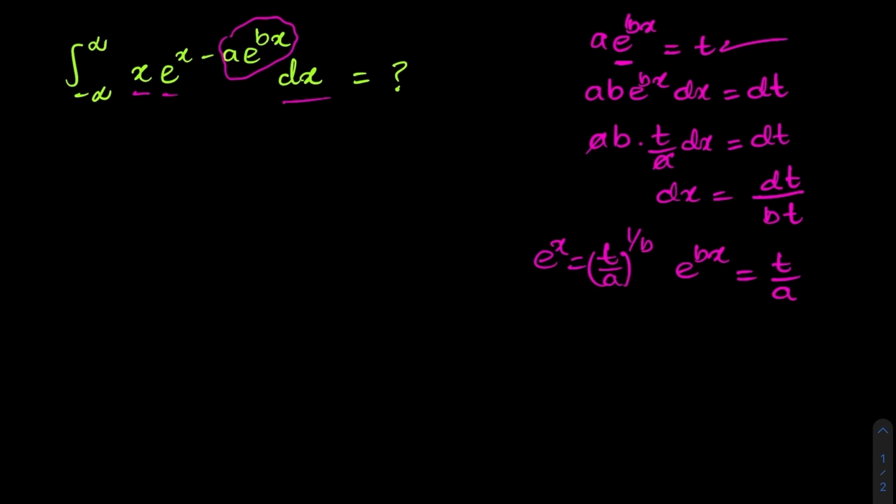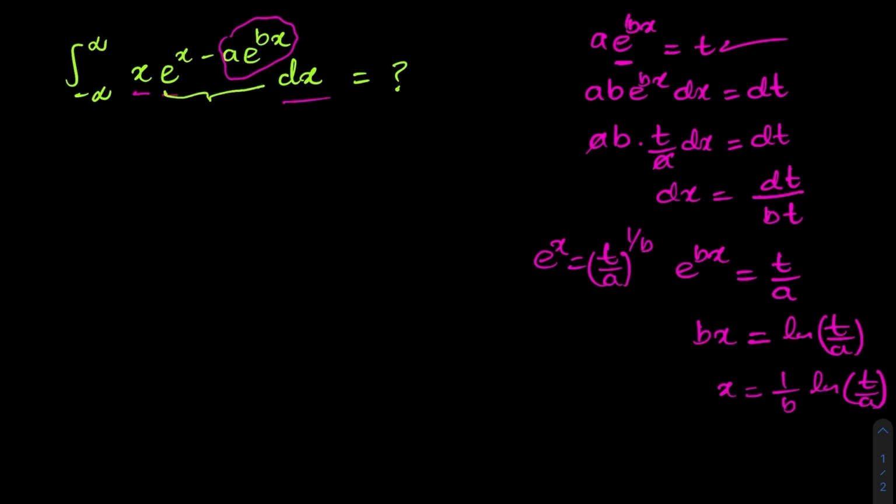So, I am going to take natural log on both sides. So, bx is equal to natural log t over a. Then we know x is equal to 1 over b times natural log of t over a.